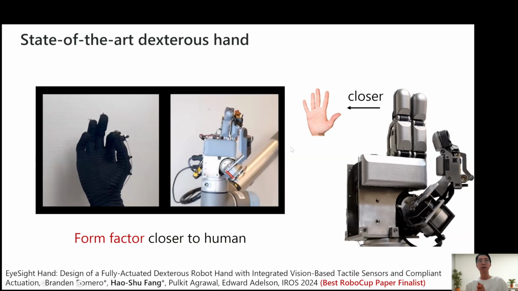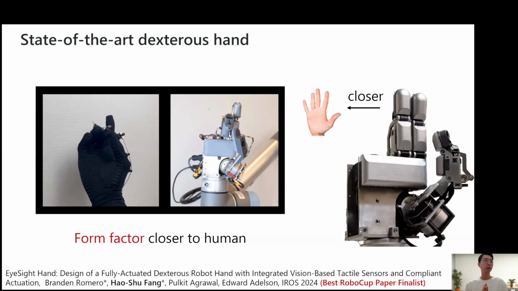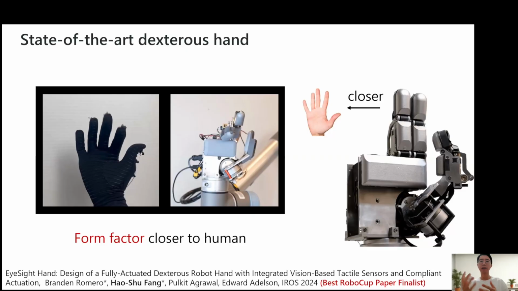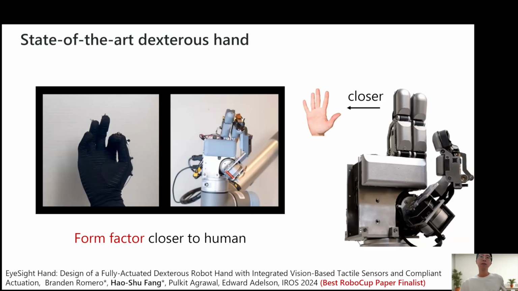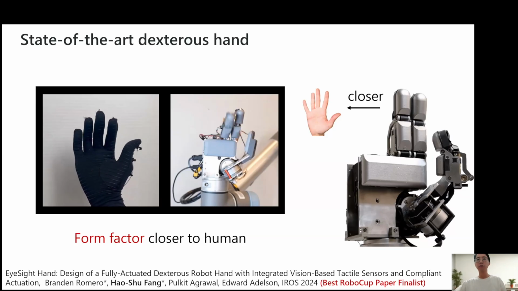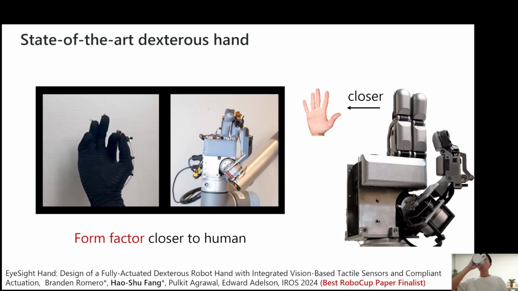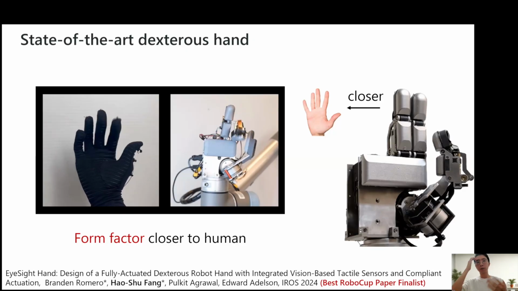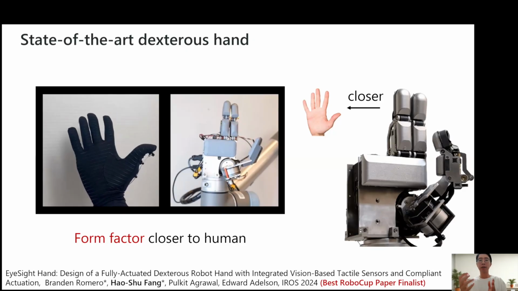The third thing is we try to make the form factor of the hand closer to the human's hand. So you could see that Eyesight Hand actually follows the human hand kinematics. It has 7 degrees of freedom, so you can teleoperate it easily.